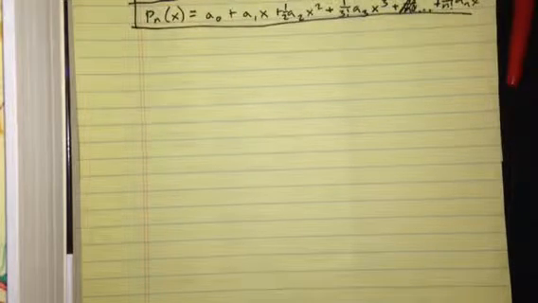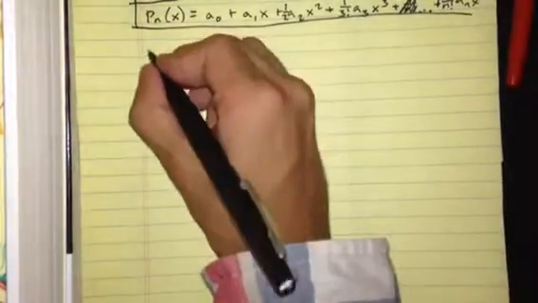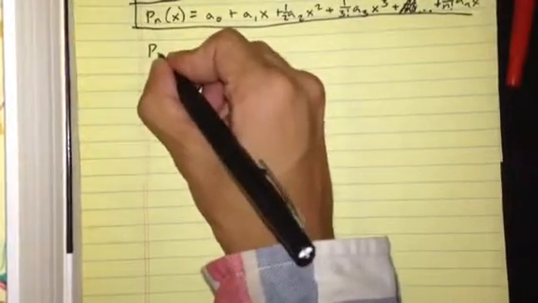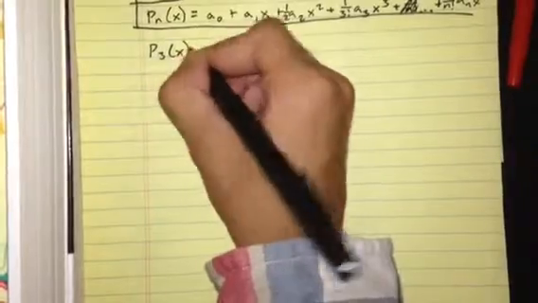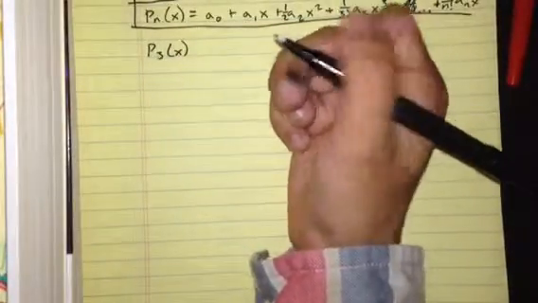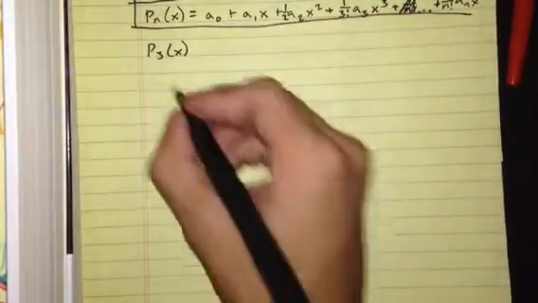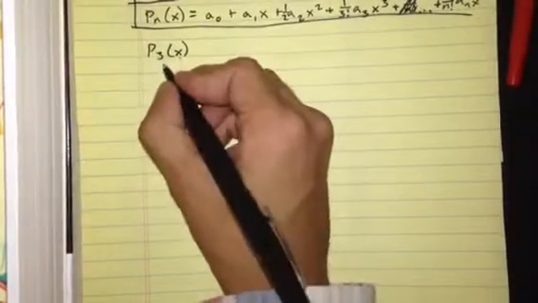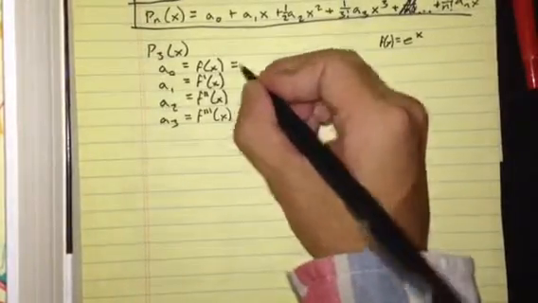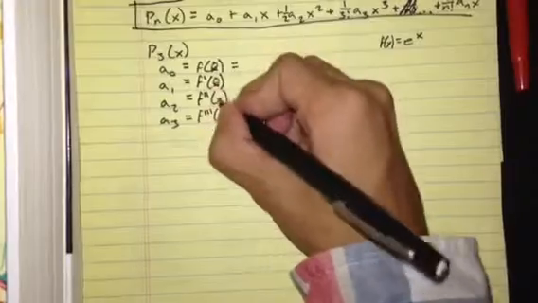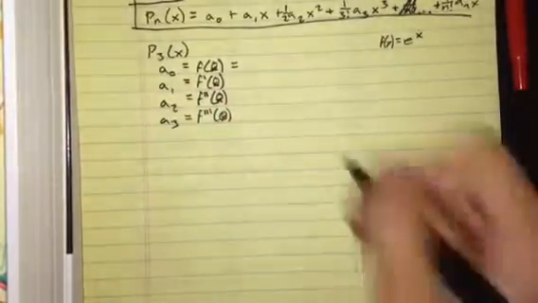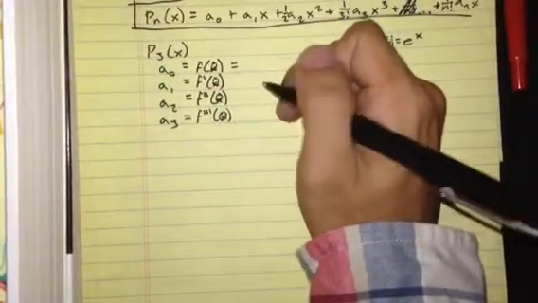So what I want to show you is that the higher the degree, the more accurate, the more it approximates the function. So here we're going to find the third degree Taylor polynomial of e to the x. I forgot that, it's centered around 0.